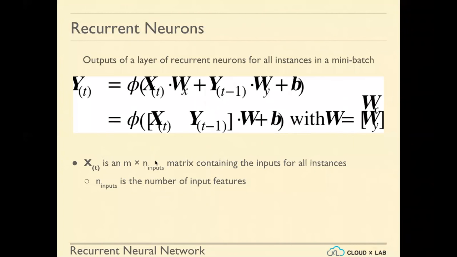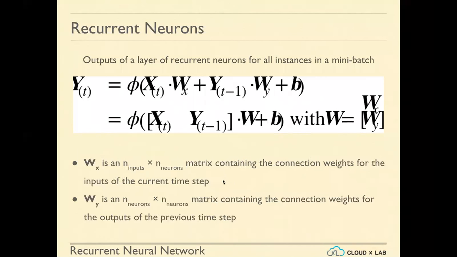The x has m rows and number of input features as the columns. Wx is a matrix of n of input features by number of neurons.